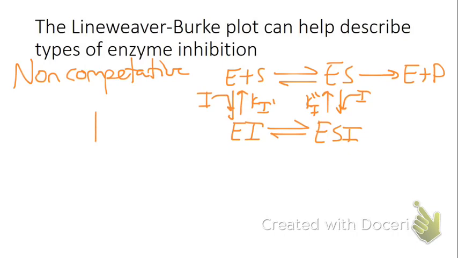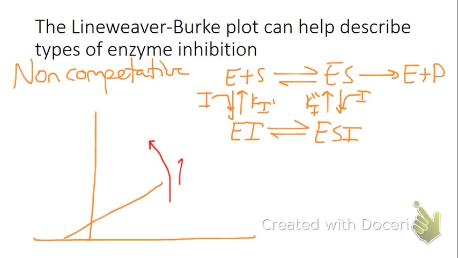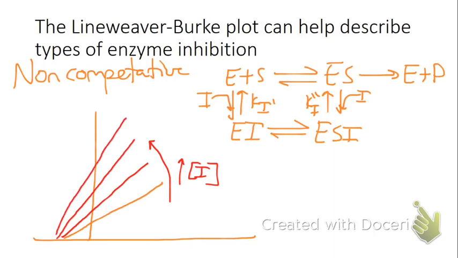So what does this graph look like? Let's say, in this case, the orange line is no inhibitor, and we're going to increase the amount of inhibitor that we add. What changes? The drawing is terrible, but the apparent Km does not change.